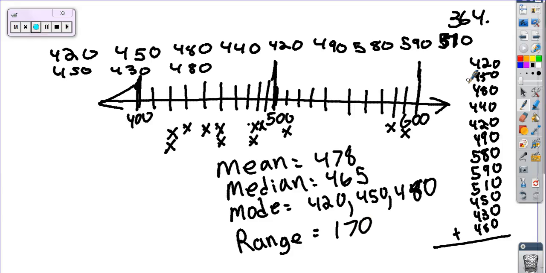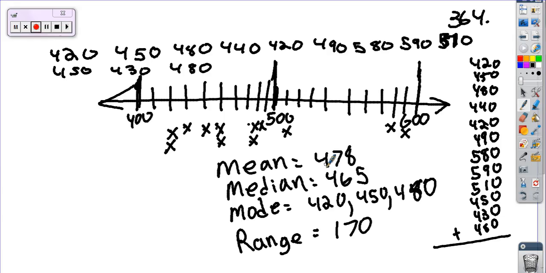So if this 590, way out here, drops all the way down to 500, which one is going to change the most? It wouldn't be the mode. It would be the mean that would change the most. That's really going to change it. It'll change the range a little bit, but not by much. Only by 10, because there's a 580 there. Okay?